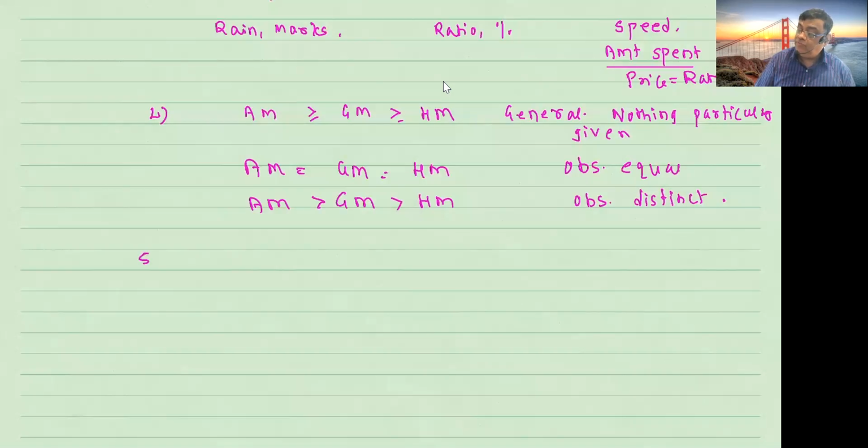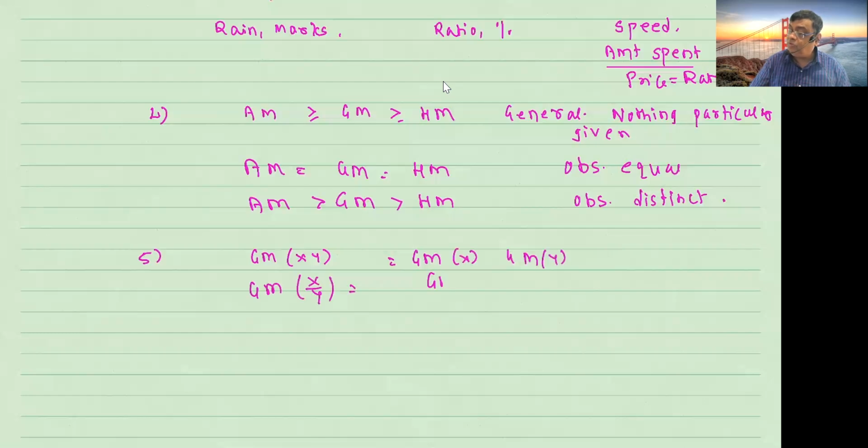Then the fifth note is that geometric mean of x into y is geometric mean of x into geometric mean of y, and geometric mean of x upon y is geometric mean of x over geometric mean of y.